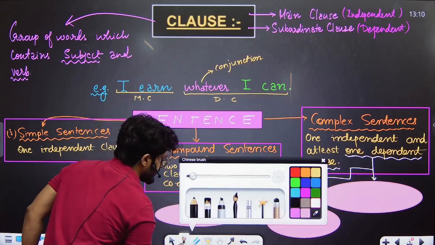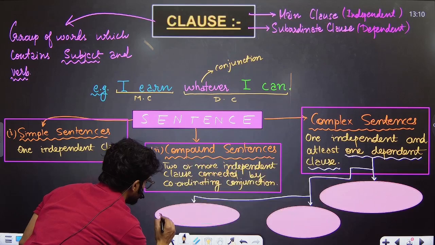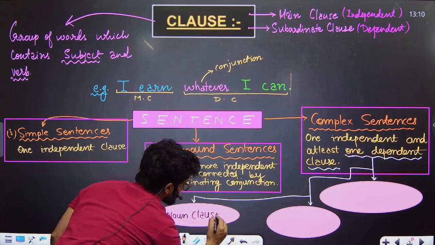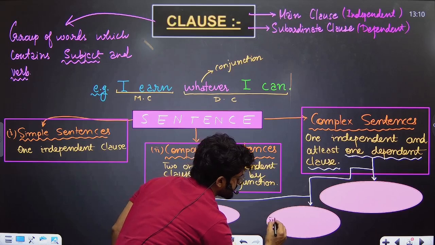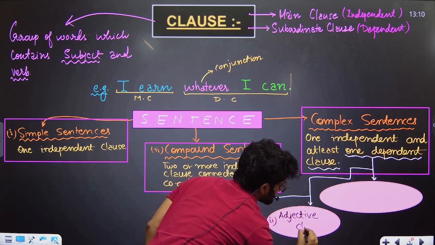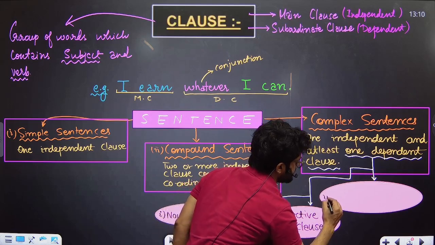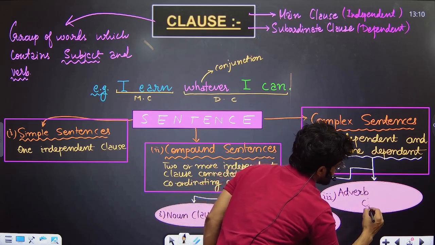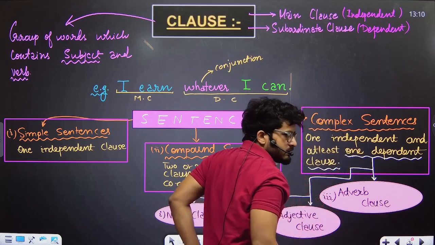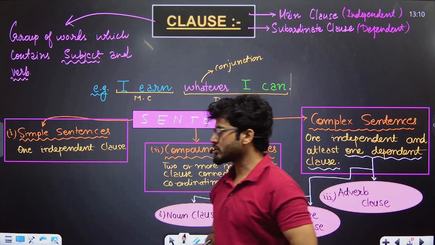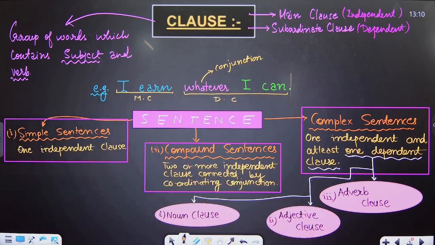First one will be your noun clause, then you have your adjective clause, and then you have your adverb clause. Got it? Noun clause, adjective clause, adverb clause. Written, everyone?